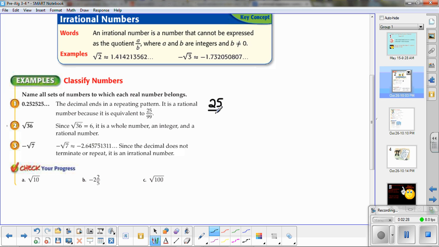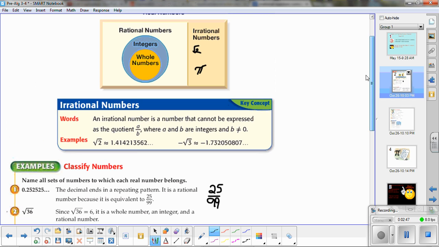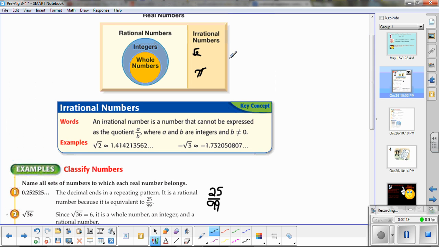So 25/99. Since I can write it as a over b, where a and b are integers and b is not equal to 0, we can go ahead and say that is a rational number. Now we're supposed to say all the sets that it belongs to. This one only belongs to the rational numbers because it's not a whole number or an integer.